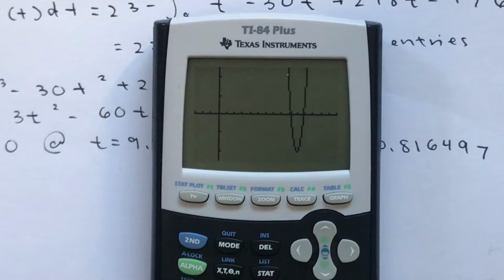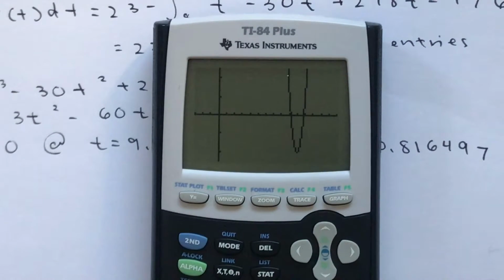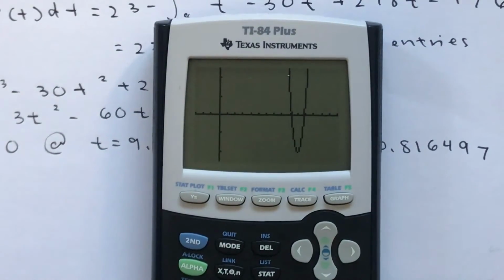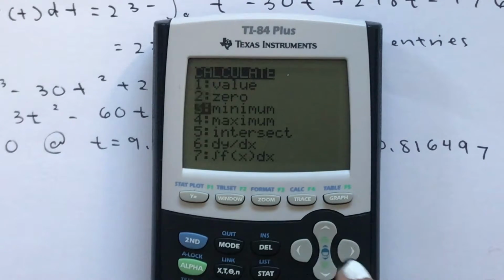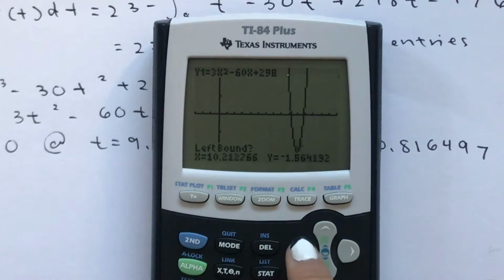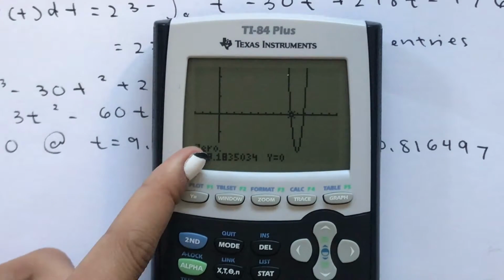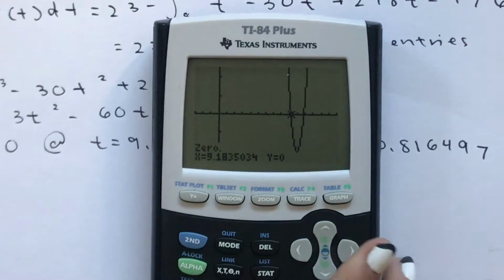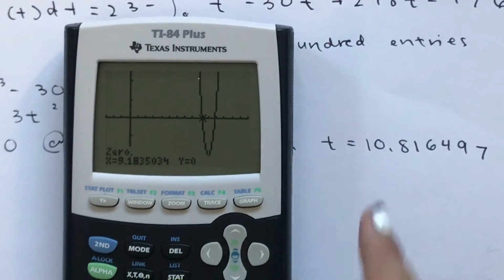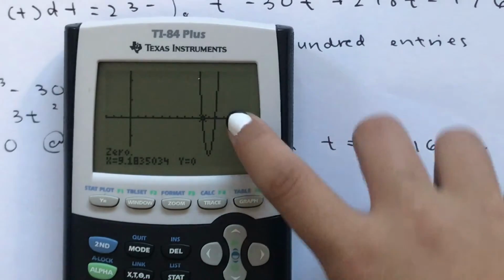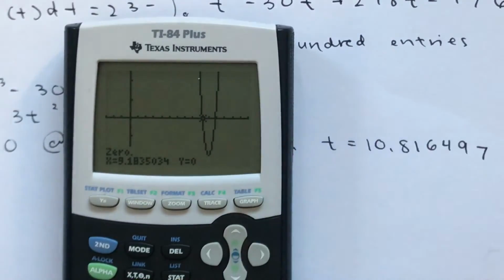So now I'll show you guys how to find the zeros of the derivative of p of t. And it guesses the zero, and this is what we have down here. And then you just have to do the same thing for the other zero right here.